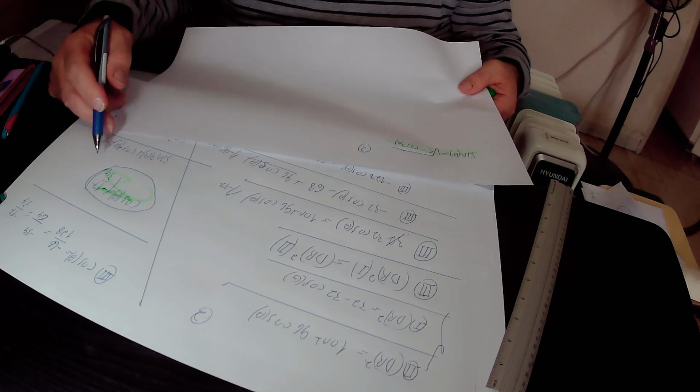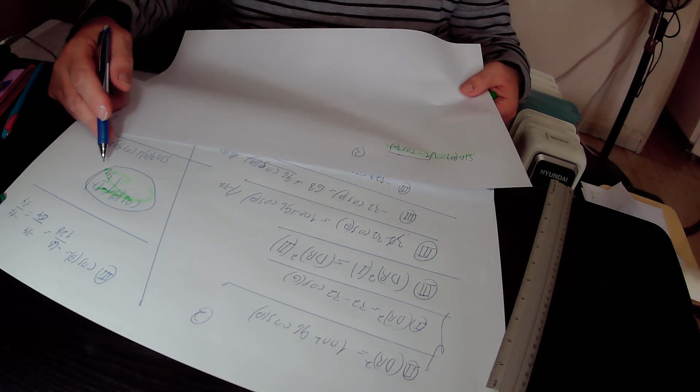But we already found out that cosine theta equals to minus 17 over 32.